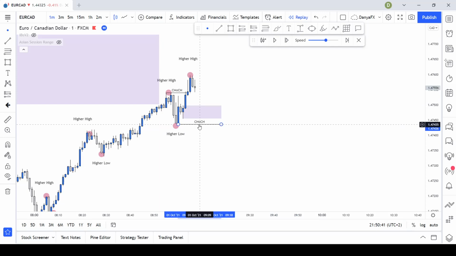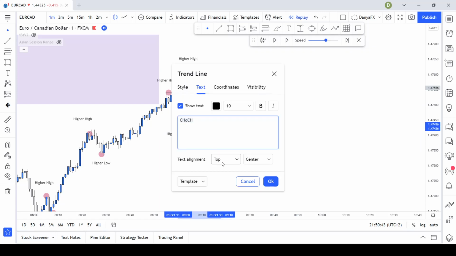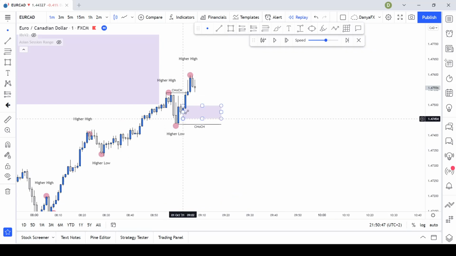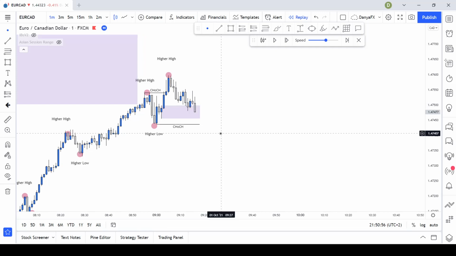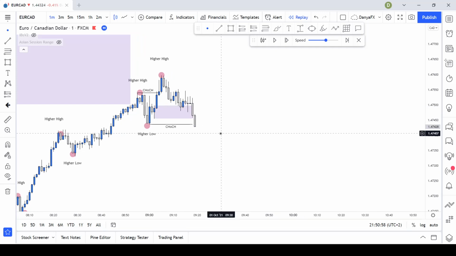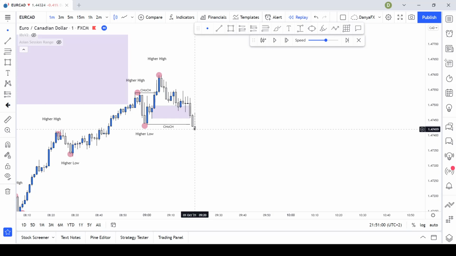By broken, I mean we want to see a candle closure below this point and below this point. So let's play the price forward. As you can see, we have mitigated the demand, and then we have closed below this high. So we have broken this point of structure. So the change of character is now complete.